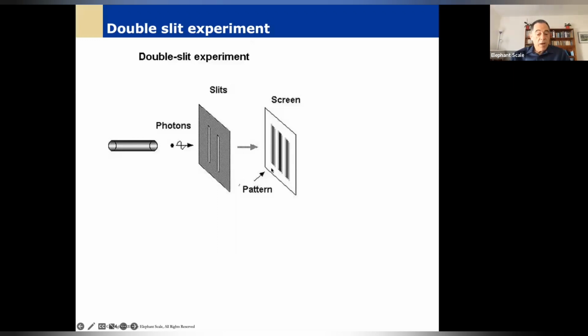It's either 1 or 0. What they found in 1800, that's how long ago, is that if you make fewer and fewer photons go, then you would expect one slit for all the photons that go through that, and one bar, and then another bar for all the photons that go there. That's your way of measuring. That's how you measure, is it up or down?